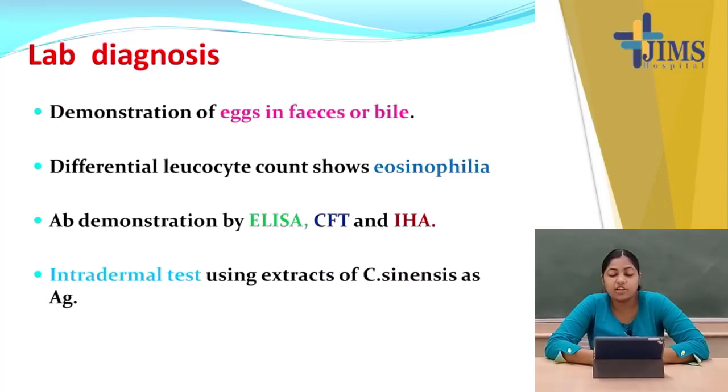Coming to the serological tests, antibodies can be demonstrated by ELISA, complement fixation test or indirect hemagglutination test. Coming to the skin test, an intradermal test can be done using an antigen, that is an extract of Clonorchis sinensis derived from the parasite. It is injected intradermally and we look for induration and erythema.